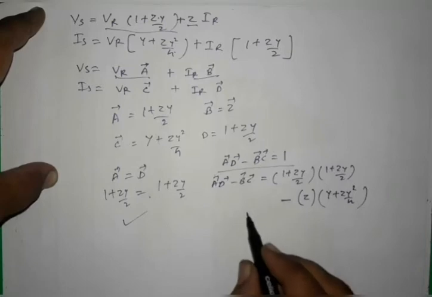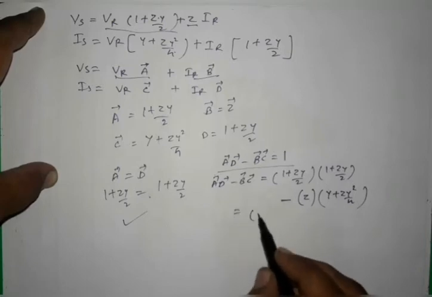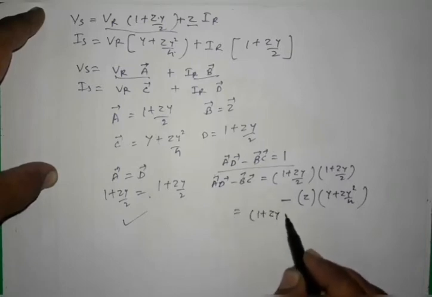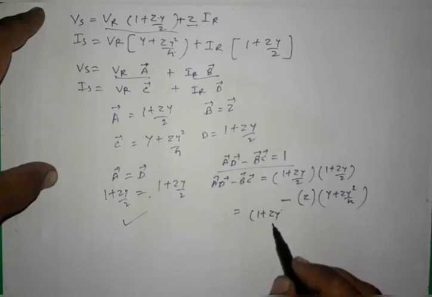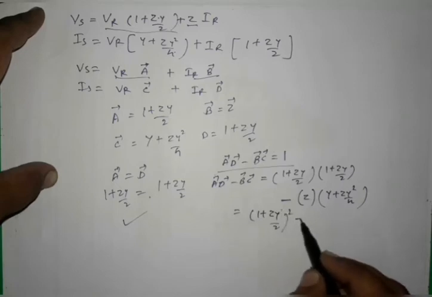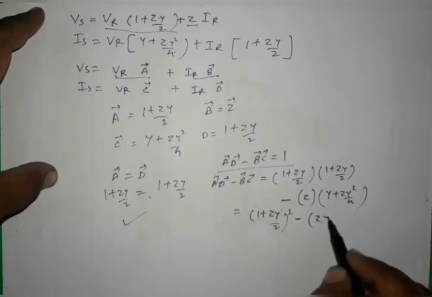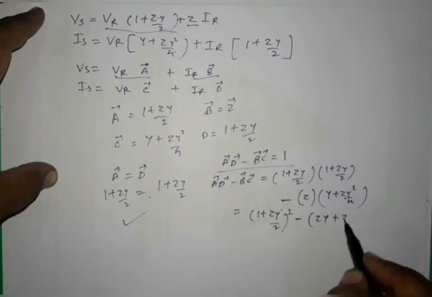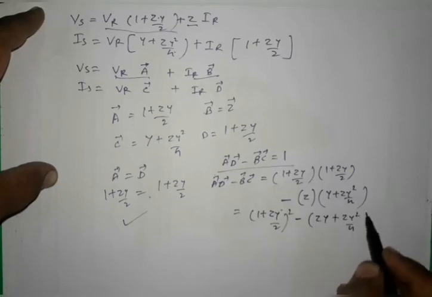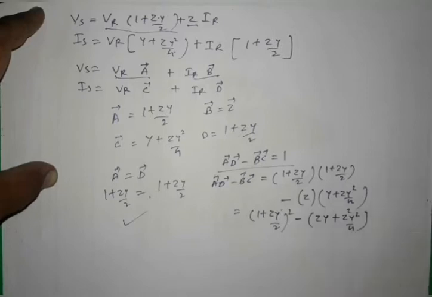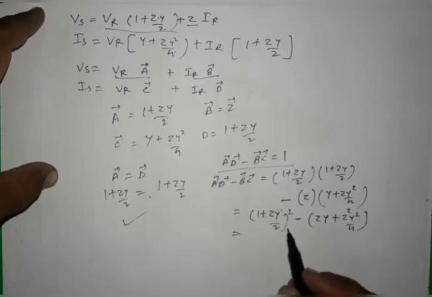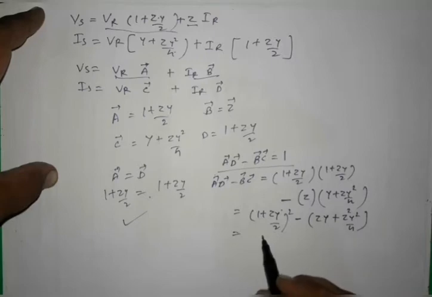Now multiply these, we get (1 + ZY/2) whole squared minus ZY plus Z²Y²/4. Sorry, Z²Y²/4. So here (ZY/2) whole squared.